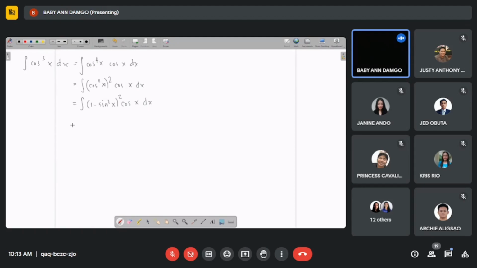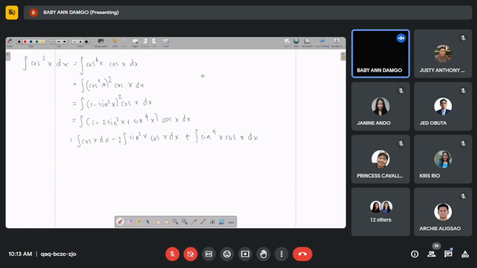dx. Okay? So, expand, so we have 1 minus 2 sine squared x plus sine to the fourth x cosine x dx. Okay, so we have here this is equal to the integration of cosine x dx minus 2 integration of sine squared x cosine x dx plus the integration of sine to the fourth x cosine x dx.